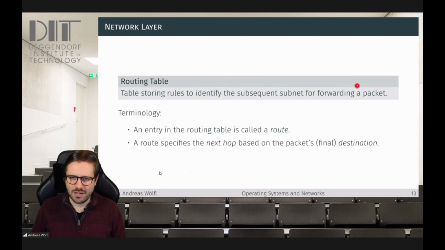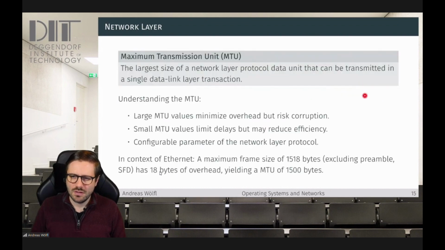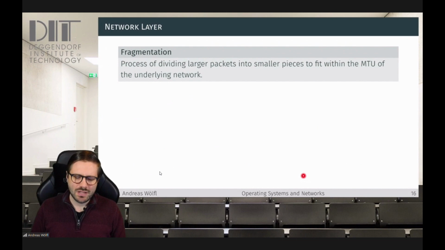For network layer packets, this means that you should yield to an MTU of 1500 bytes. Because then if your network layer packet is 1500 bytes, it fits into an Ethernet frame. Why am I telling you this? Because the network layer, or to be more precise, the network protocol IP has a feature that's called fragmentation.